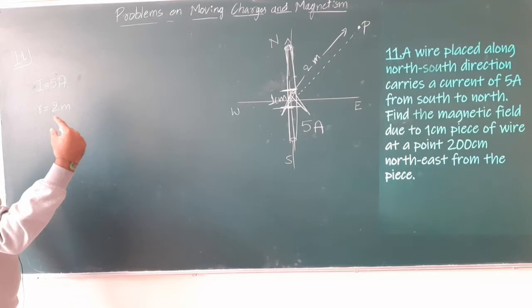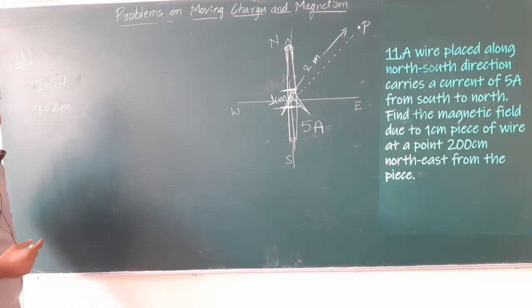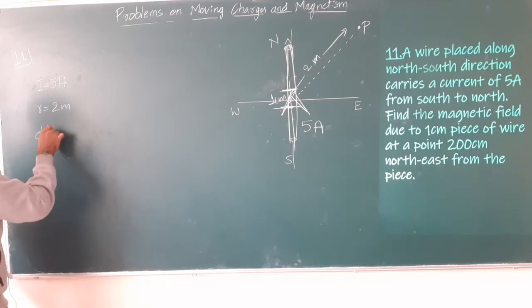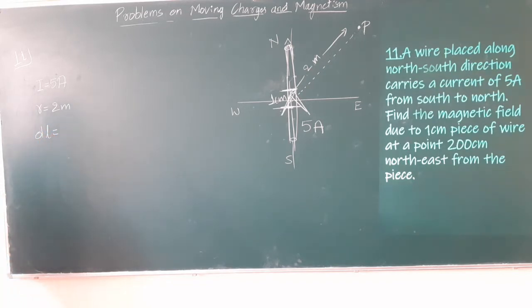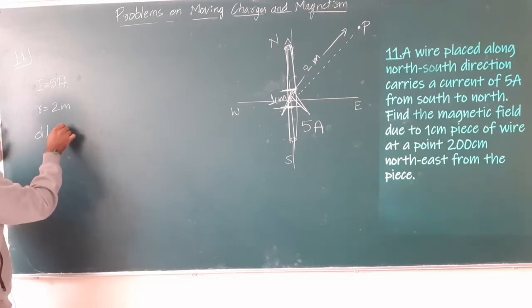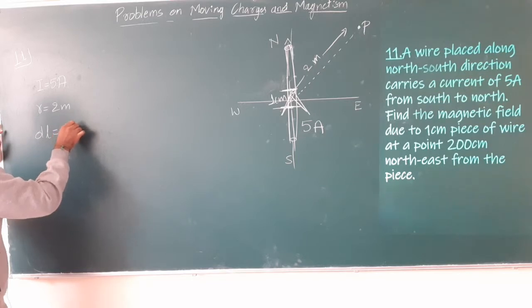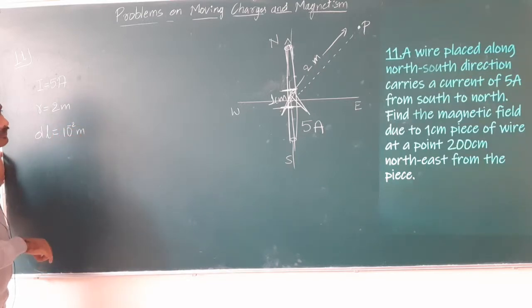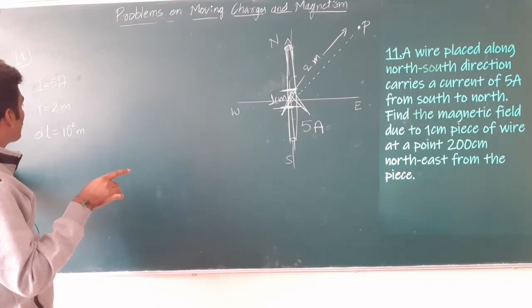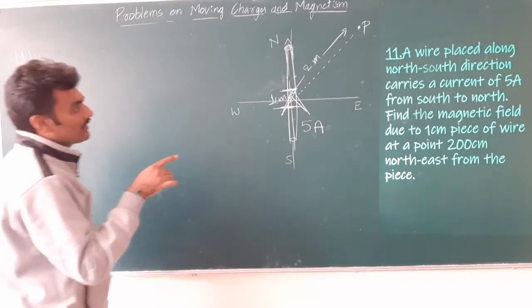The length of the piece, the small length element which we call the length element, if you can remember, is also given, which I can take as dl, which is 1 centimeter, or I can call it 10 to the power minus 2 meter. And we need one more factor here, which is theta.